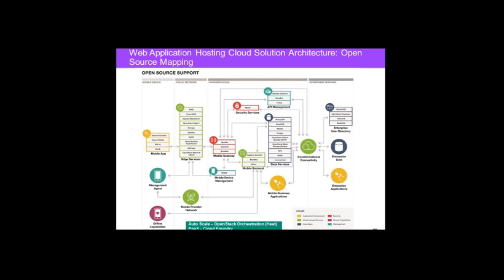And for the auto scale, there is OpenStack orchestration, which is based on Heat. So this is where we are talking about how the architecture that Roland talked about connects to the open source support, and what we have in the open source world to implement these architectures. Going to the next slide, please.